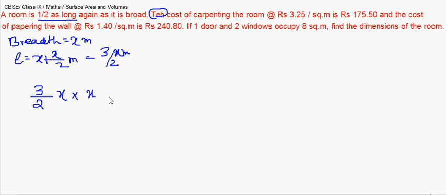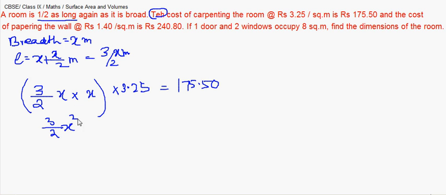This carpeted at a rate of 3.25 costs 175.50. So we have to solve this to find x. So I'm getting 3 by 2 x square into 3.25 is equal to 175.50.